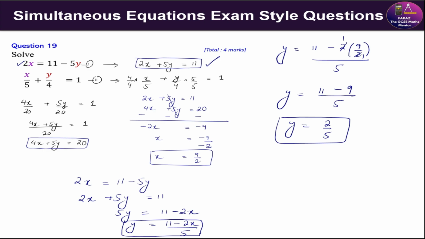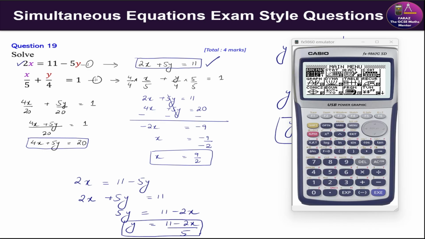Okay, let's verify it from the calculator. Search for the equations. Let's execute simultaneous. Now you have to enter equation in this way: 2x plus 5y equal 11. X and y must be on the left side. As you can see, it is a x plus b y equals c. So 2 is the coefficient of x, 5 is the coefficient of y, and equals to 11.